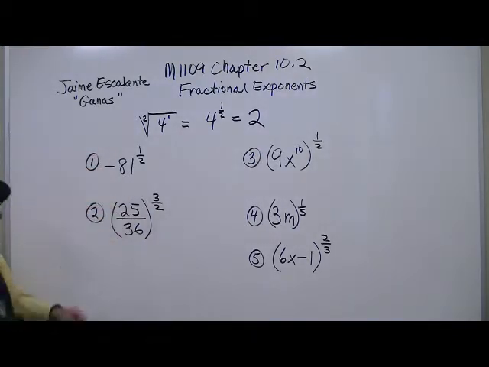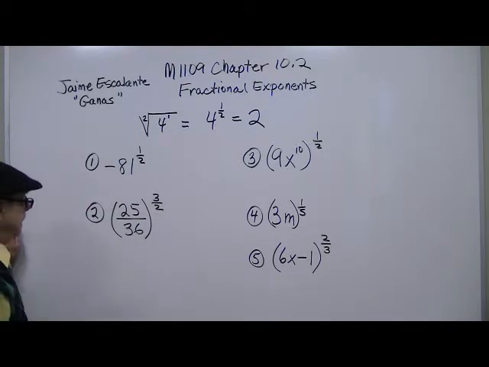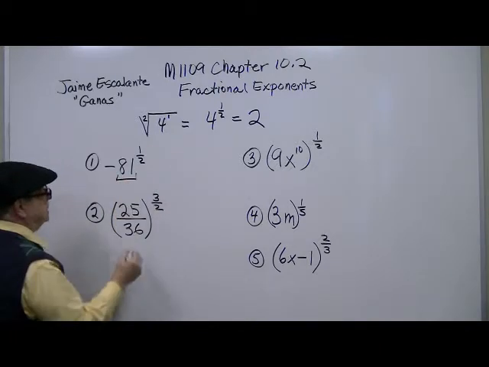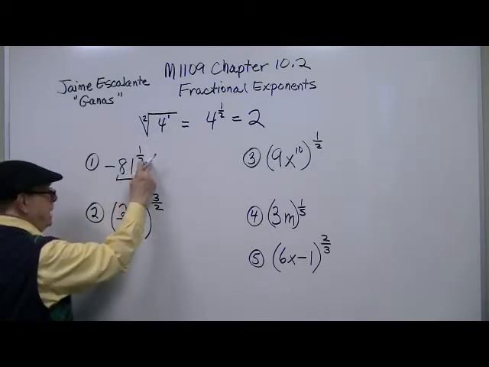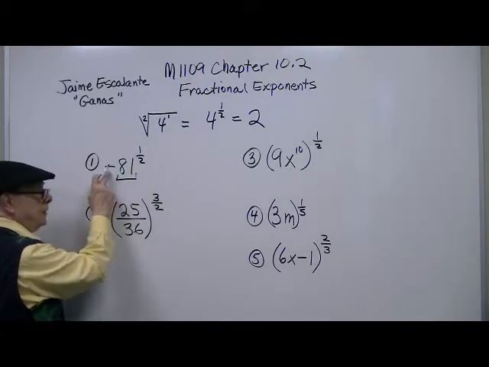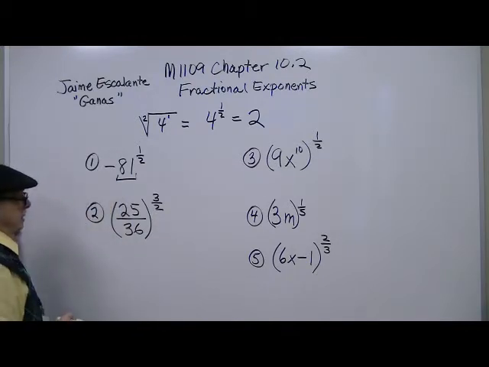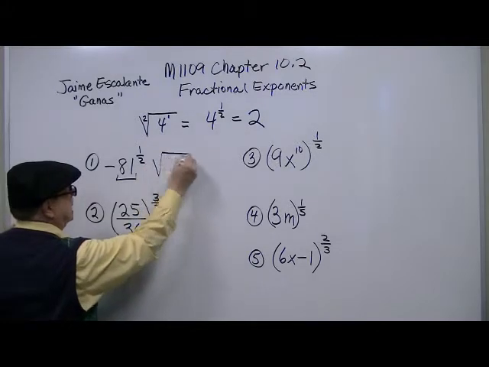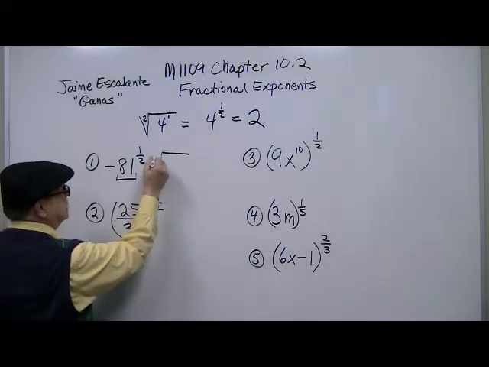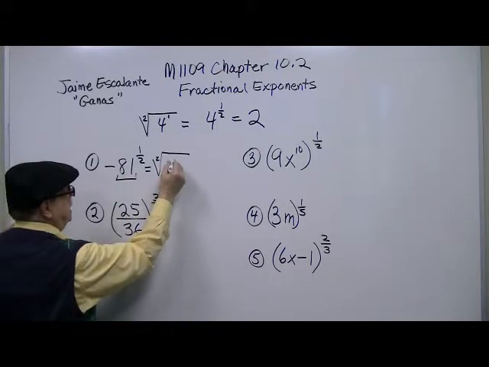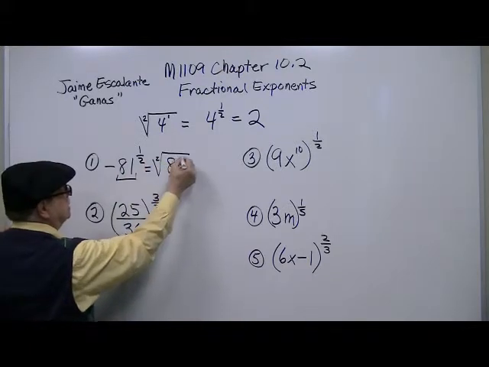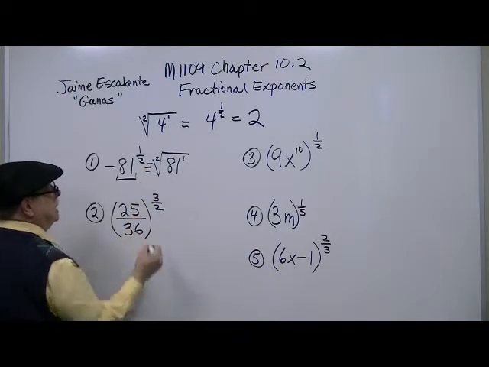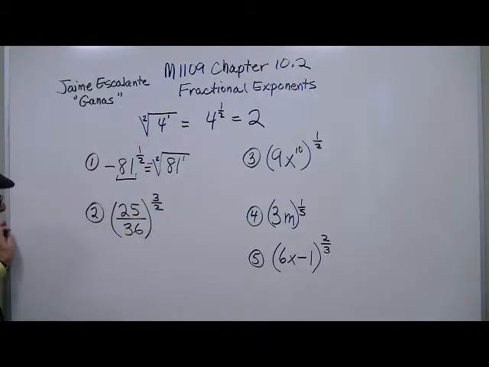So now we get to do some examples. Key to this next one is 81 is to the 1/2 power, not the negative sign. So when you convert this, this becomes, again, the radical sign. The second root is there. 81 is there to the first power. And now to the outside you apply the negative sign.